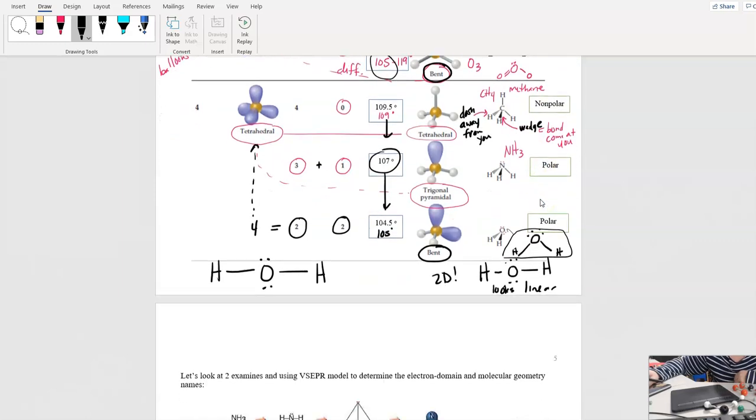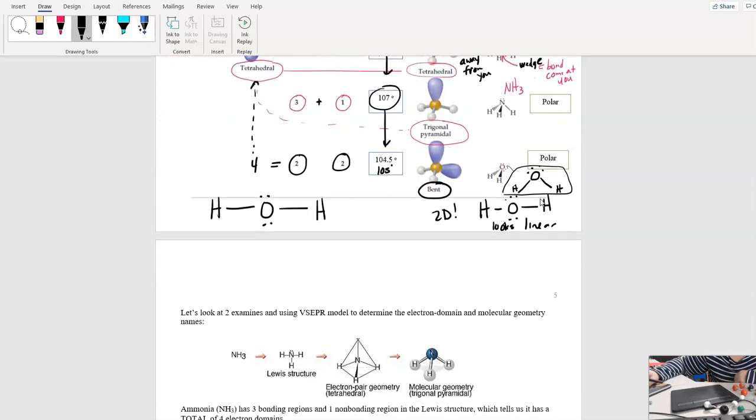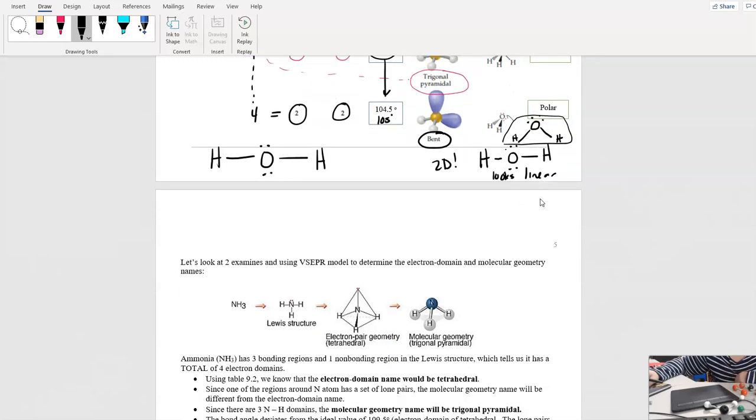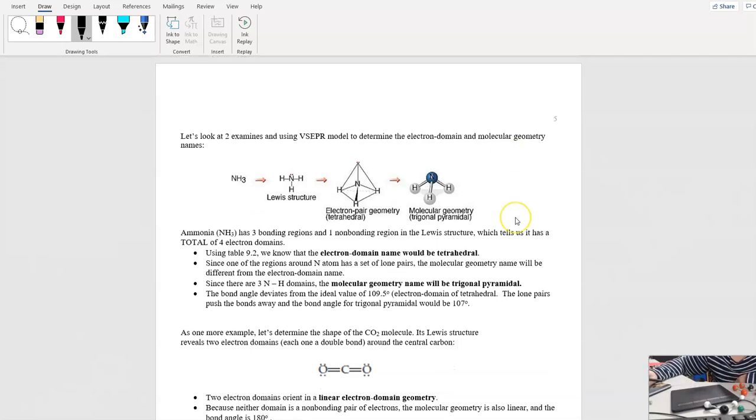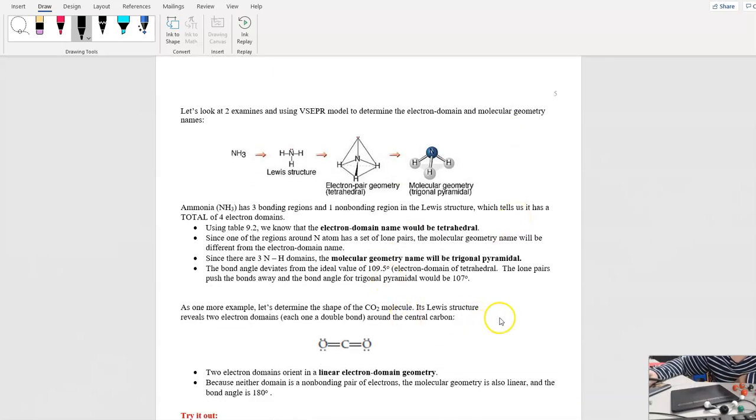We're now going to start to look at VSEPR when it's expanded octet. In the following notes, ladies and gentlemen, it's literally exactly what I went through. I just want you to read through it, make some notes about when you have structures that still have 4 domains, but you're adding lone pairs, okay? So I'm going to let you go through here to do the notes.